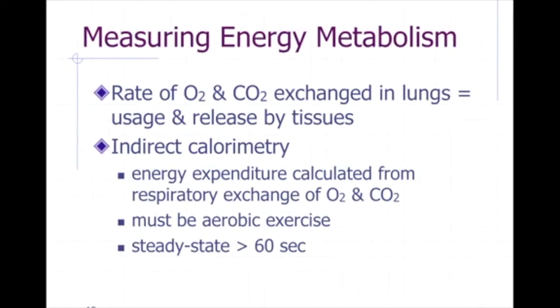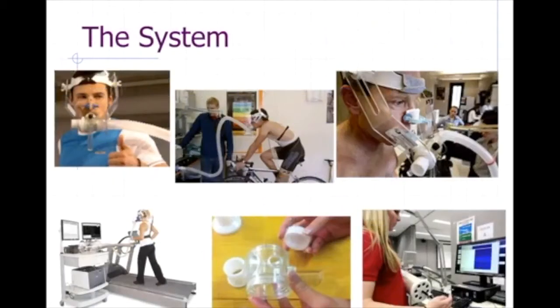We calculate it based off of the respiratory exchange between O2 and CO2. The caveat is this has to be done with aerobic exercise, and we have to be at steady state, at least 60 seconds at a given workload before we start measuring, in order for it to be accurate.